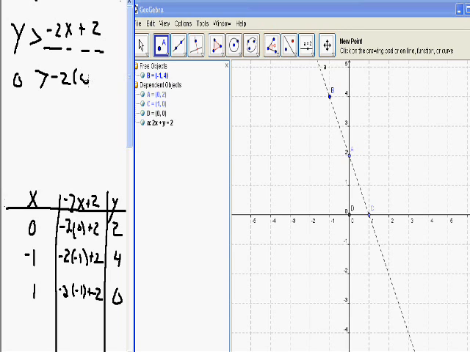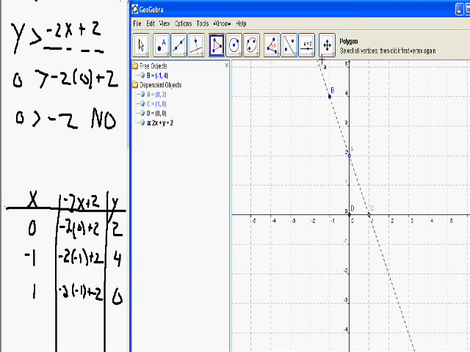Is 0 greater than negative 2 times 0 plus 2? If I take the coordinates from that point and put them into my inequality, will I get a true statement? Is 0 greater than 2? No. So that is not part of the solution set. It's not on the right side of my dashed line.